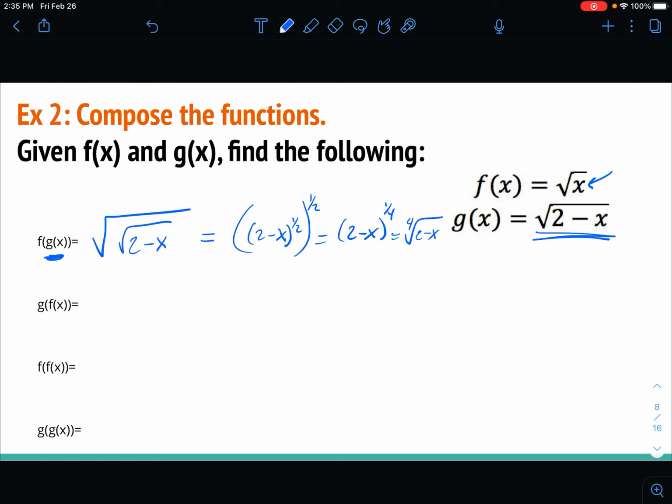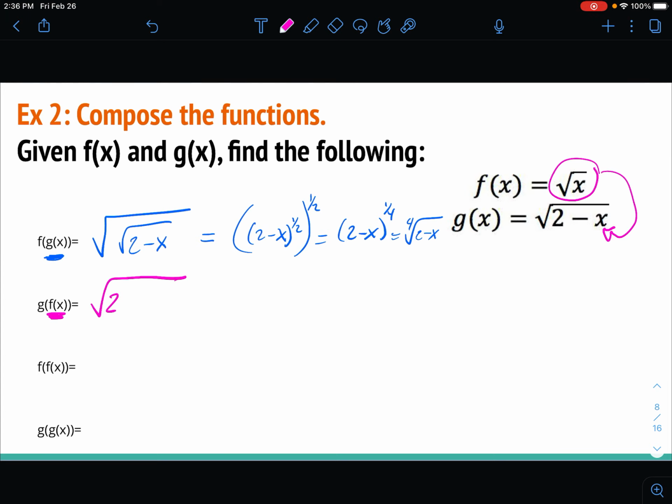So we can go ahead and clean that up as best we can. Now we're going to do this in a different direction. Let me just change colors to separate this a little. g of f of x. So now this is going to become the input, f of x. You can tell because it's inside right here. We're going to put this into the function g in place of x.